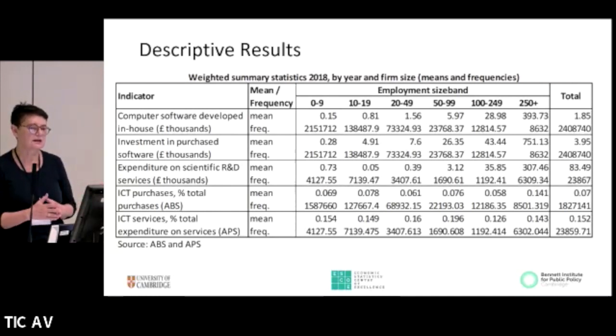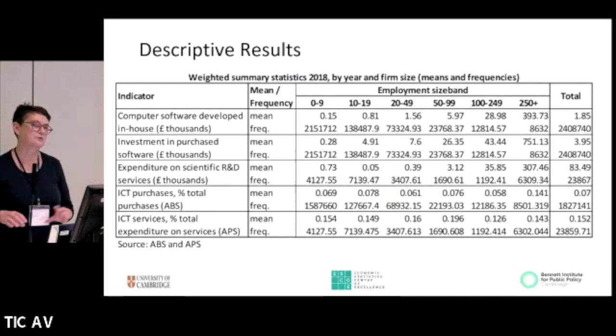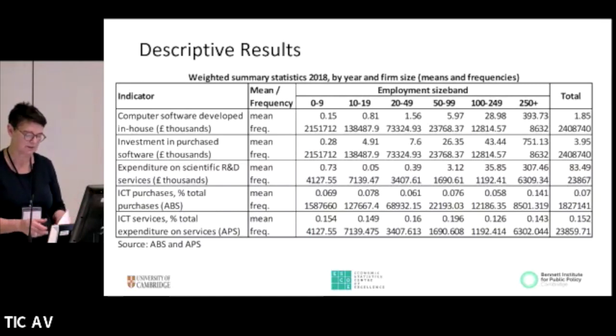And you can see, as you would expect, that very large firms spend more, and that's somewhat more proportionately as well as in absolute terms. And there are no clear trends over the time frame that we have, which is 2015 onwards, except that smaller firms on the whole did increase their spending on these different kinds of digital capitals over that period. But among the bigger firms, there wasn't a clear trend in proportionate terms.